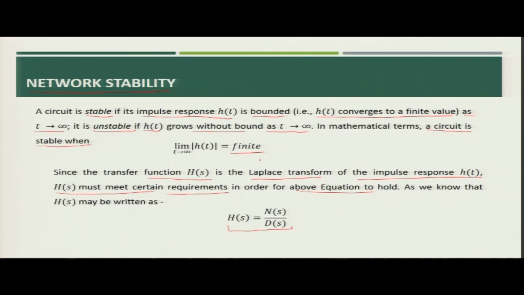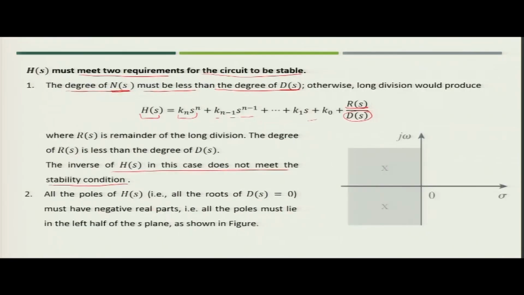So, when you have s in the numerator as an independent quantity in H(s), this will not allow the inverse Laplace of H(s) to be finite when t tends to infinity. That is why the degree of N(s) should be less than the degree of D(s).